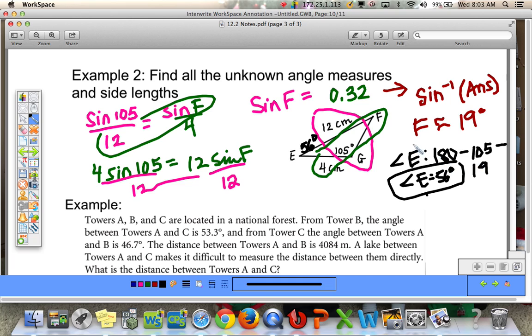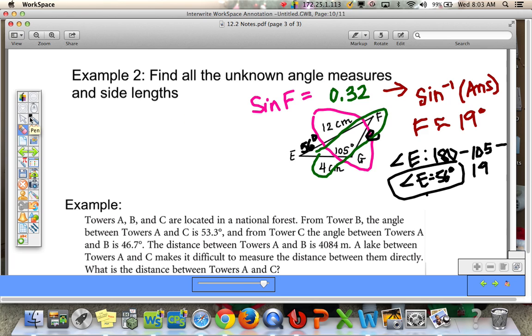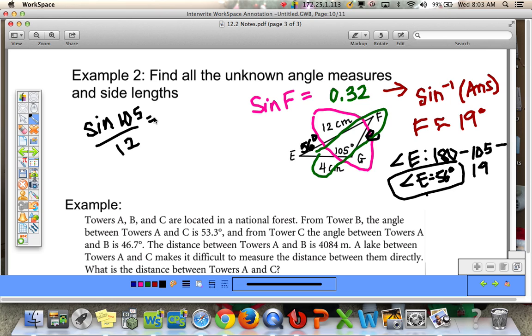Okay, and then lastly, we can solve for side E, which is over here. And so again, you have to set up your proportions. So I'm going to do it over here since I'm out of room. Again, choose one of your ratios. I'll use sine of 105 over 12 just because it's more accurate. Equals sine of 56 over side E. Cross multiply and solve.